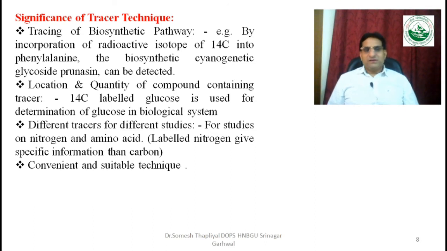For example, if we take phenylalanine and incorporate a radioactive isotope of 14C into this phenylalanine, we can trace out the biosynthetic pathway of prunasin. Prunasin is a cyanogenic glycoside, so we can detect the intermediates and whatever steps are involved in the formation of prunasin. So with the help of phenylalanine to which we add the 14C labeled compound, we can find out.